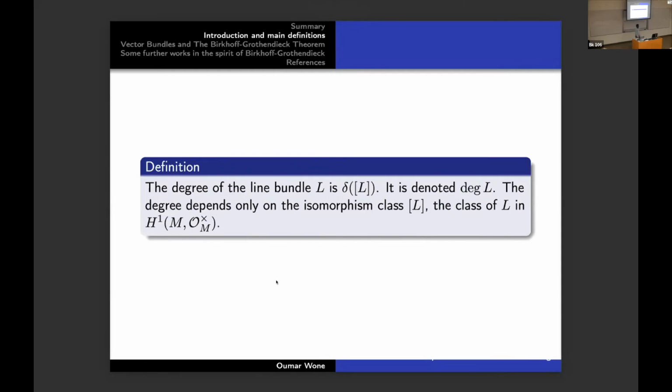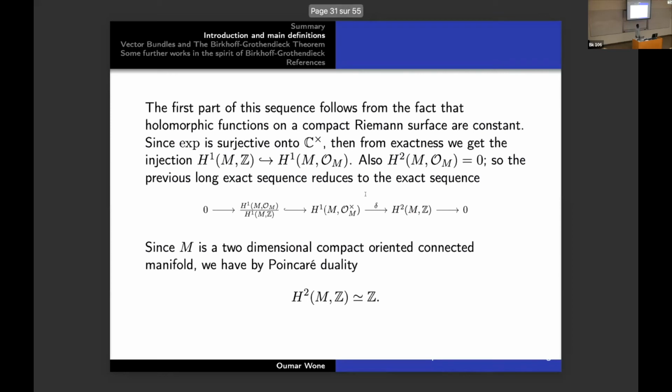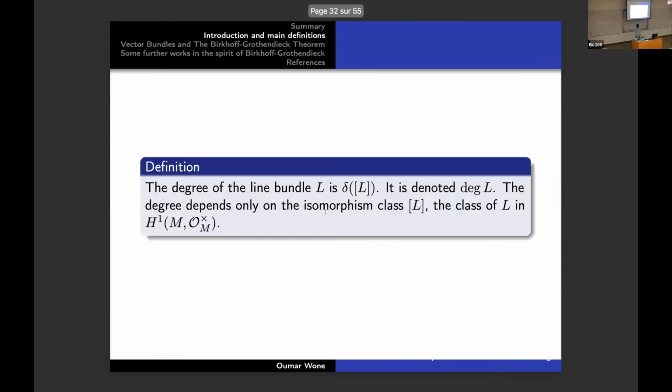And we define the degree of the line bundle L as the image. So remember that H1(M, O_M^*) is the space of line bundles over M. So we take an equivalence class of line bundles and we map it via delta to delta(L), and we define it in this way, the degree of the line bundle, which is an integer.